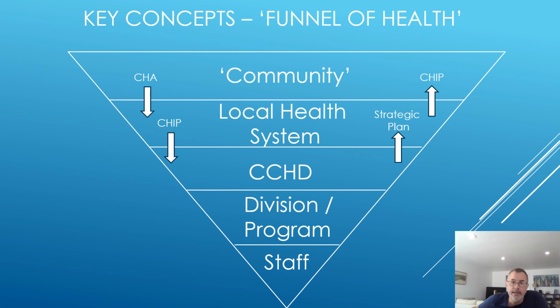And as part of our internal strategic plan, we support that CHIP. Okay, so you can see the CHIP informs the Cattaraugus County Health Department. Then, one, not all, one or a couple maybe, parts of the goals in the strategic plan support the CHIP. Okay.